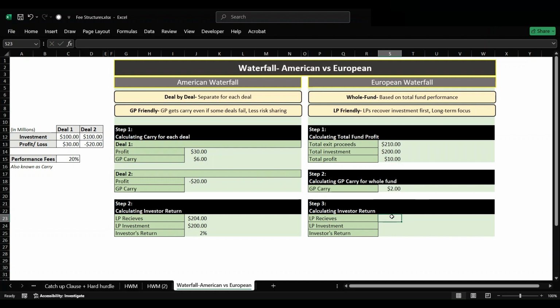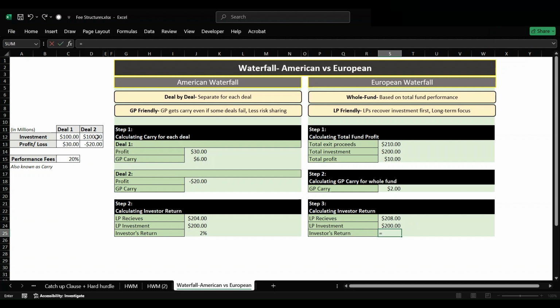Now, just as in the American waterfall approach, we will simply calculate what LP receives, which is the sum of initial investment plus its profit and losses, and deducting GP carry from it, which comes out to be 208 million. We will again calculate LP investment, which is the sum of initial investment of both the deals, which is 200 million.